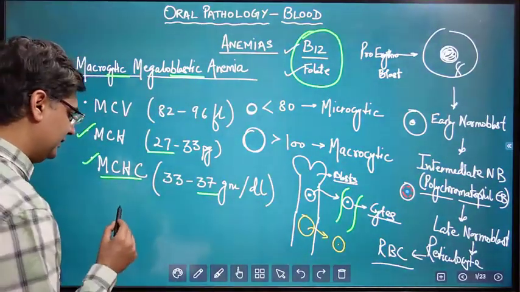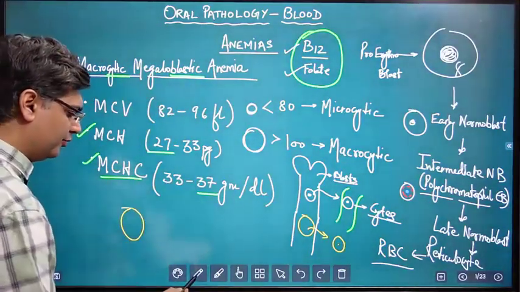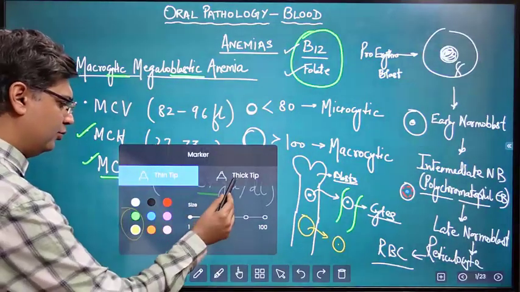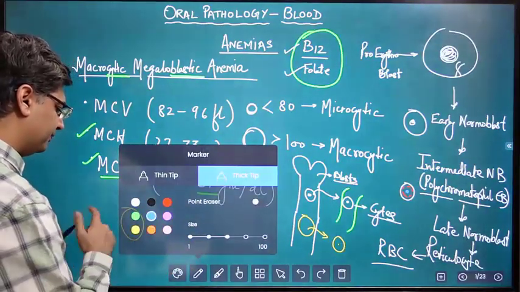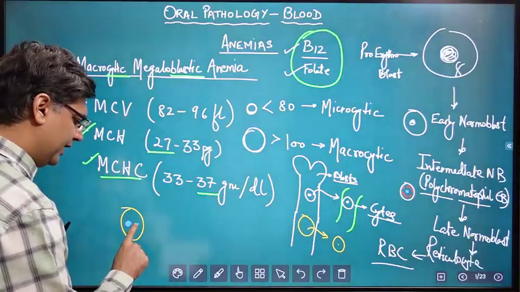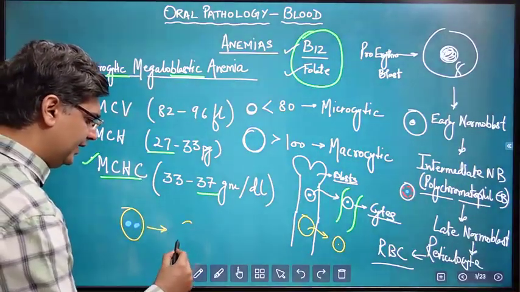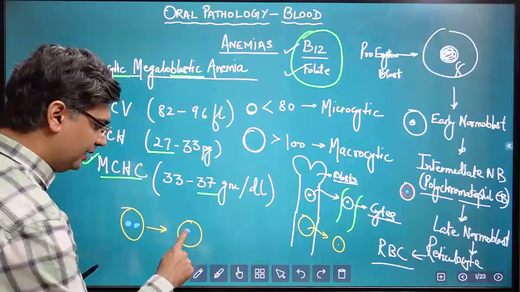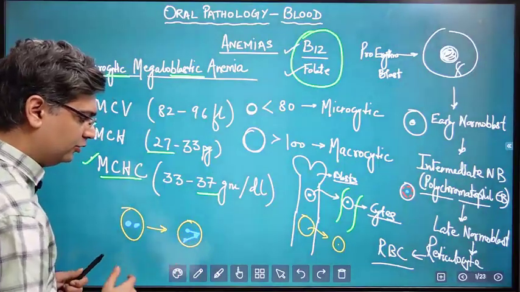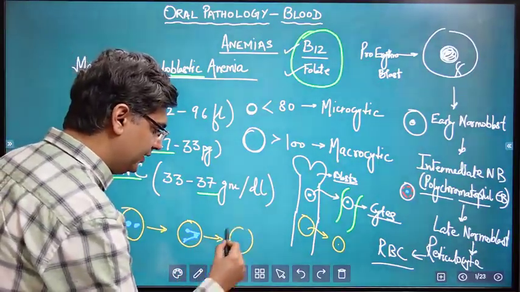And as there is this young neutrophil, it is going to have a couple of nuclei in it. And let's say as the neutrophils mature, the nuclei also tend to keep on increasing.